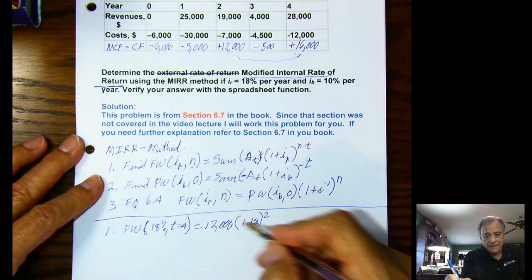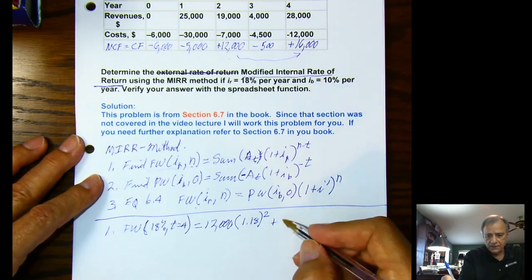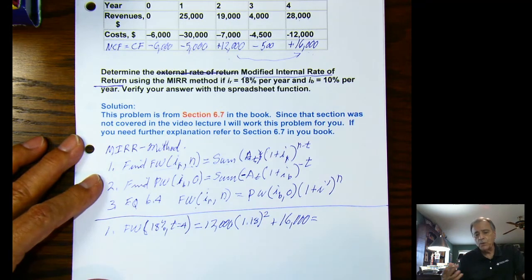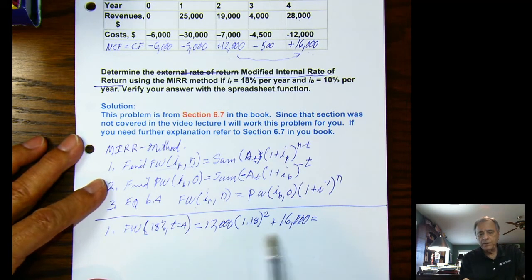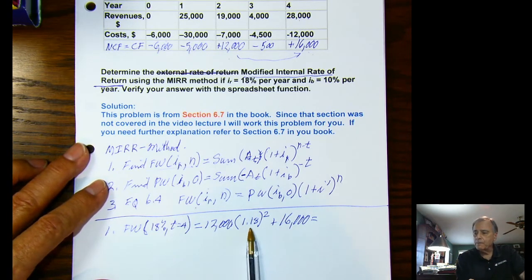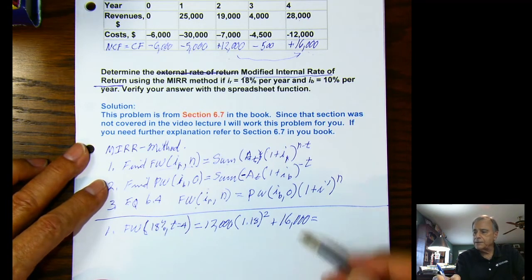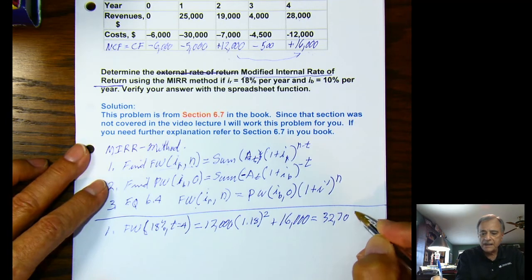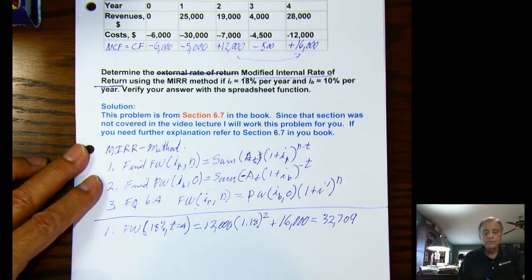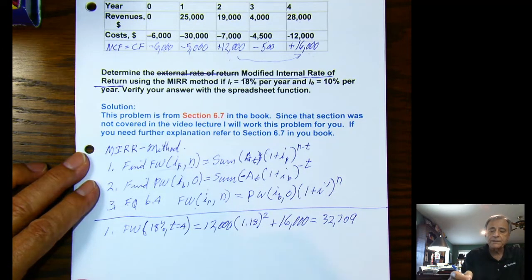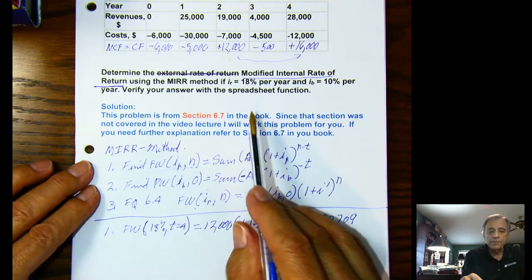Then I'm going to add to that the 16,000, which is already at time 4. So those two will be the cumulative, the future value of the positive cash flows at the reinvestment rate. And when you do that calculation, you're going to get $32,709.